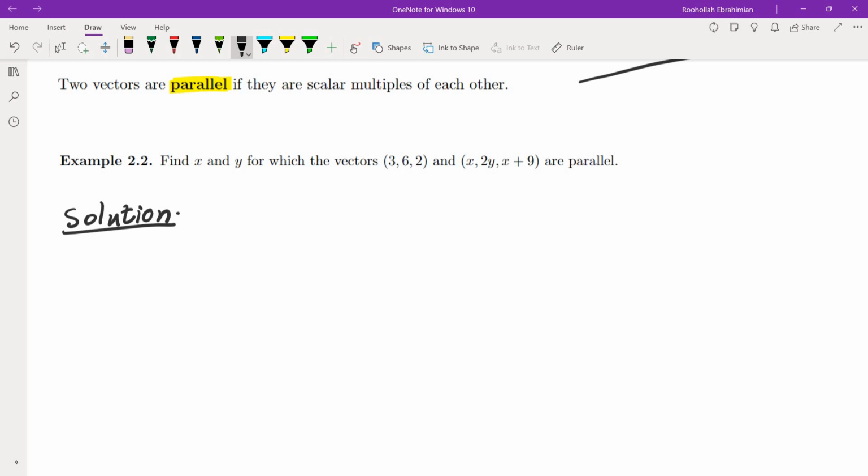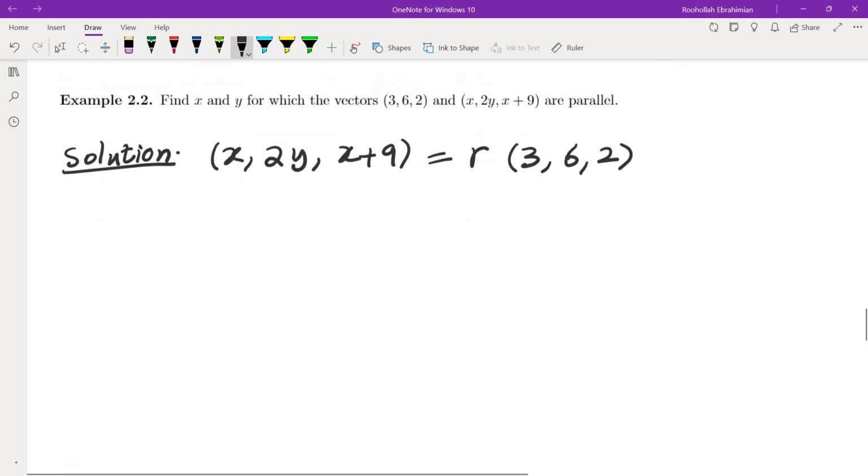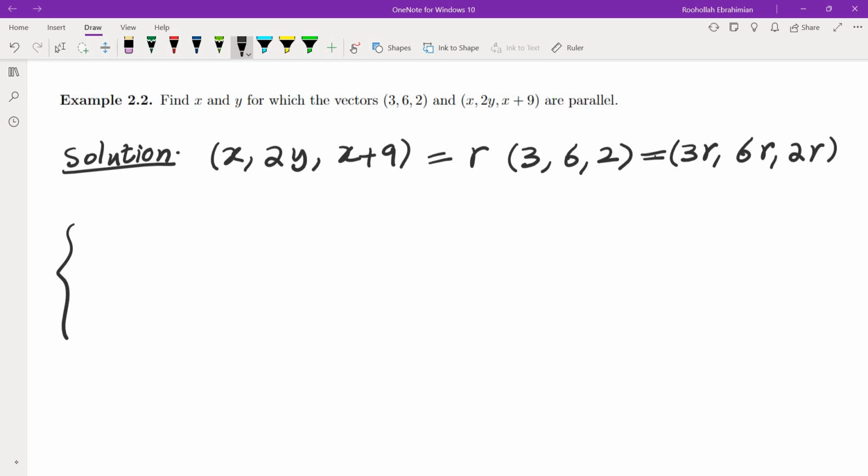So for these two vectors to be parallel, we need (x, 2y, x plus 9) to be a scalar times (3, 6, 2). So let's see what that gives me. On the right, we get 3r, 6r, and 2r. The three components of this must correspond to each other. So x must be 3r, 2y must be 6r, and finally x plus 9 must be 2r.